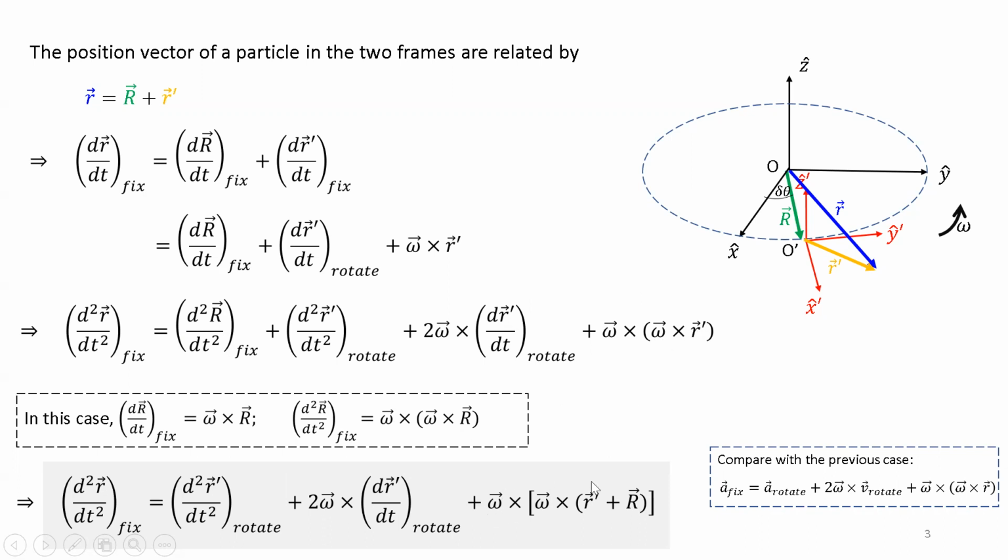Then I can just group them together: omega cross R prime plus capital R. Now look at this. It looks very similar to what we had before, it's just that now there is this additional capital R here.